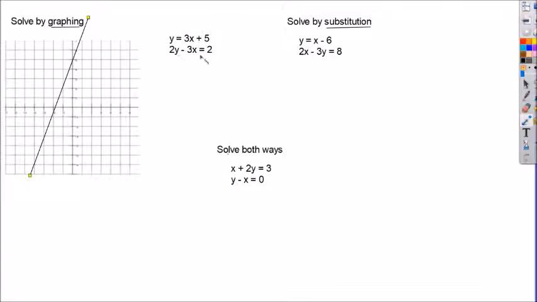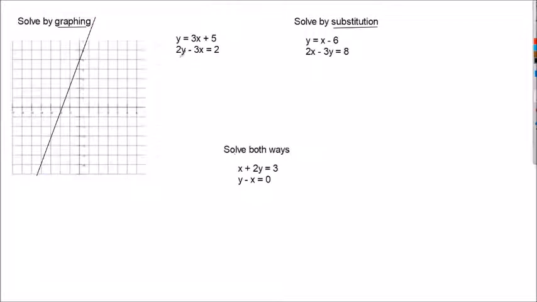And then for this line, we can plug in y equals 0, and solve for x. So y equals 0, and we get minus 3x equals 2, so x is equal to negative 2/3.